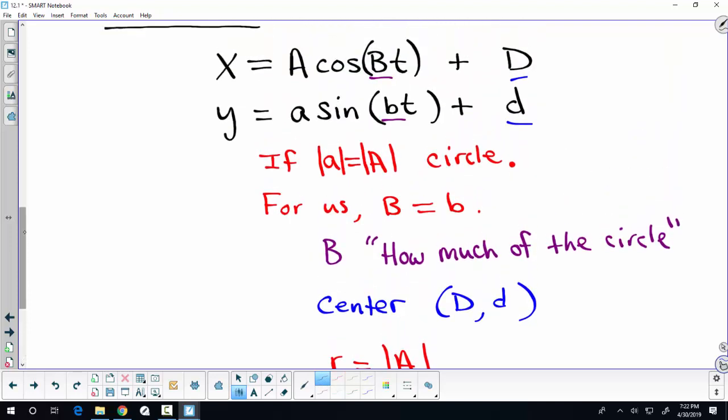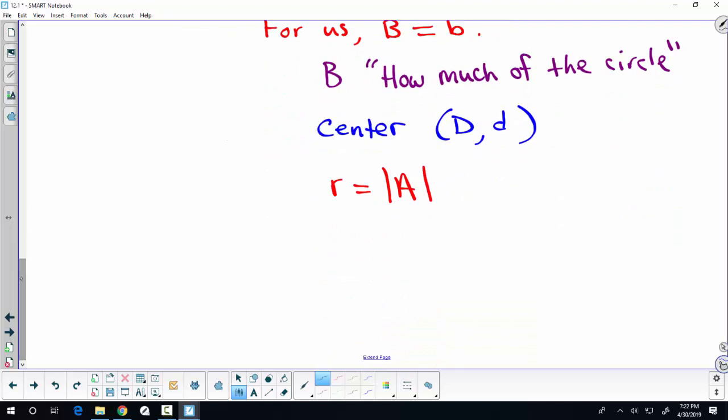Okay, so that's a parametric representation of the circle. We'll look at a few examples and also talk about how we convert that into a Cartesian system.